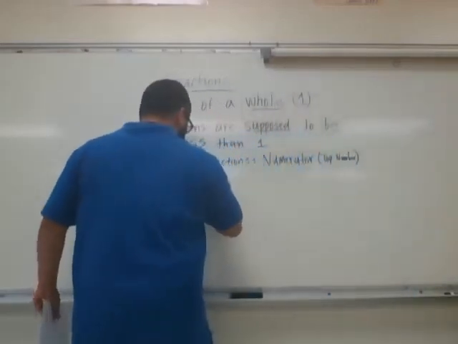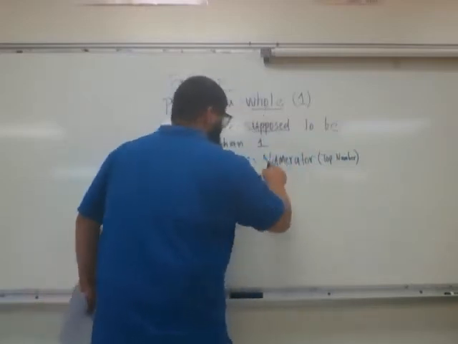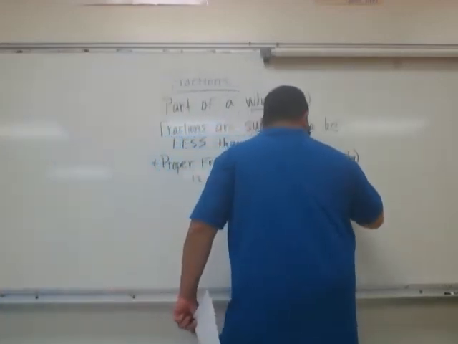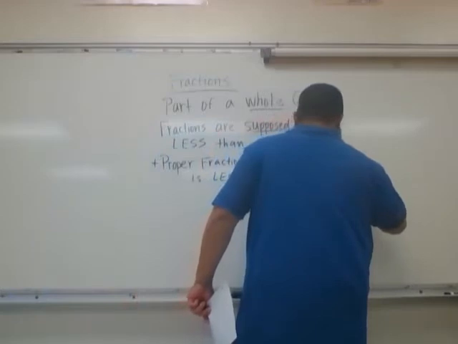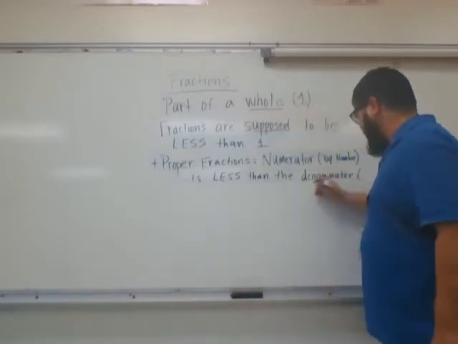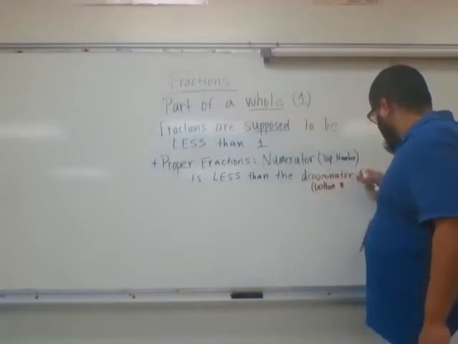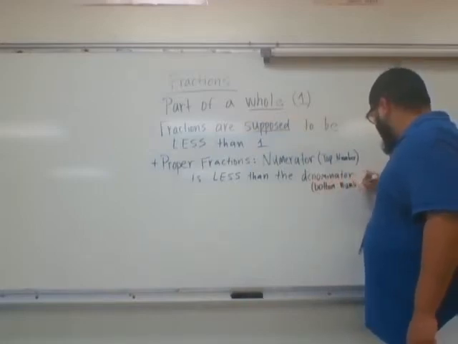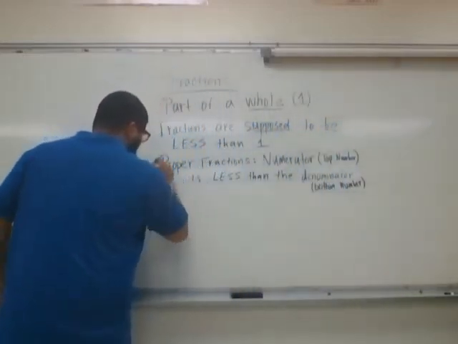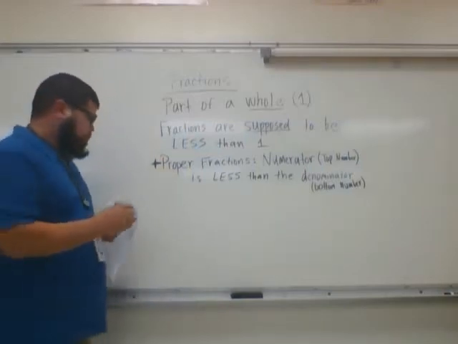Numerator is less than the denominator. And in parentheses we can write underneath it, bottom number. Okay? So when we think about proper fractions, we think of that's the way that fractions are supposed to be written. Give examples.